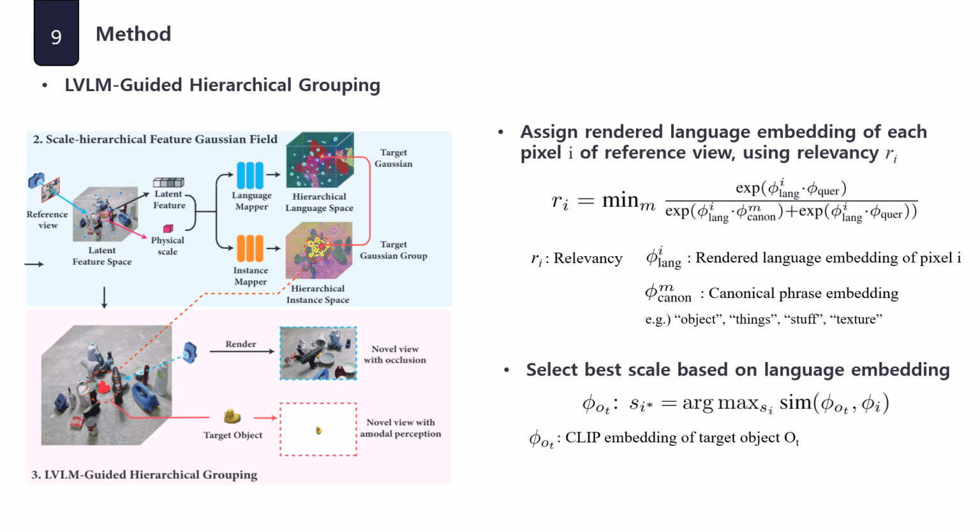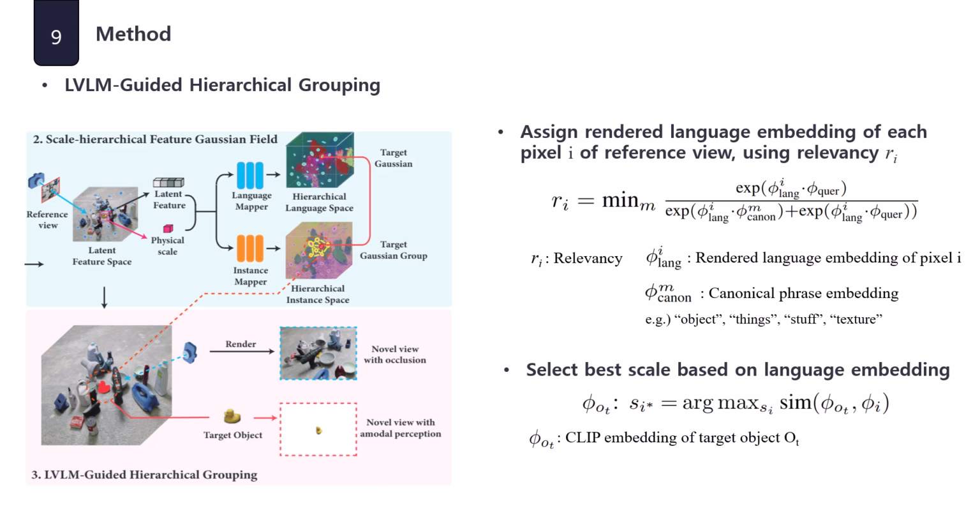Examples of canonical phrases include object, things, stuff, or texture. The formula for Ri is shown on the slide. Essentially, a higher Ri indicates that the pixel is more relevant to a specific query rather than just being part of any general object. This helps in pinpointing pixels corresponding to the queried object.